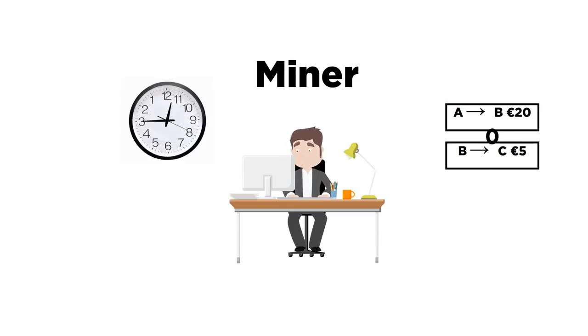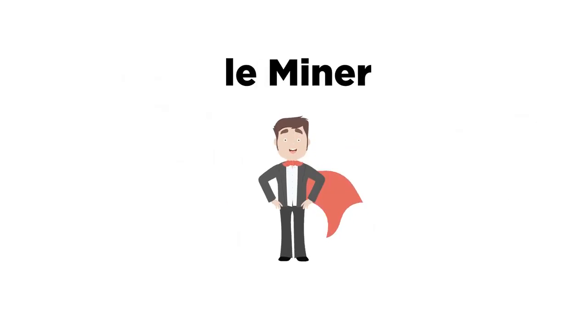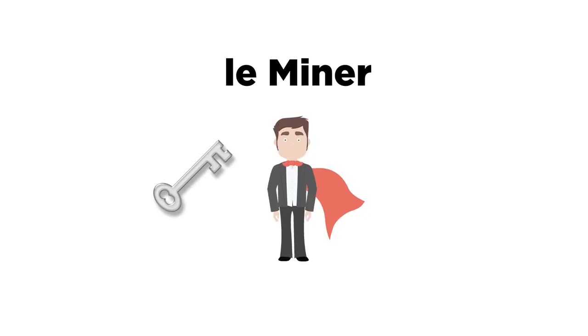Well, he needs to invest computational power and time to find the key because it's found through a random search. The miner is repeatedly guessing new keys till he guesses the right one, which matches the random puzzle. And this gives them access to add the transaction to the chain. The first miner who solves this puzzle gets a financial reward. Usually it's a digital coin.